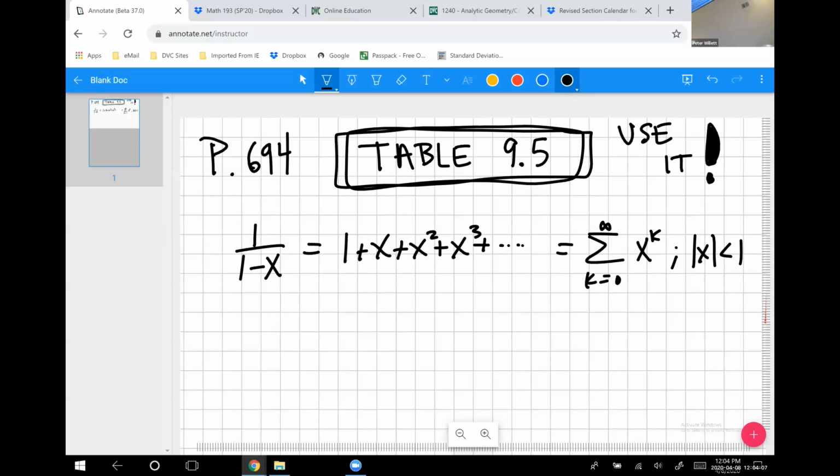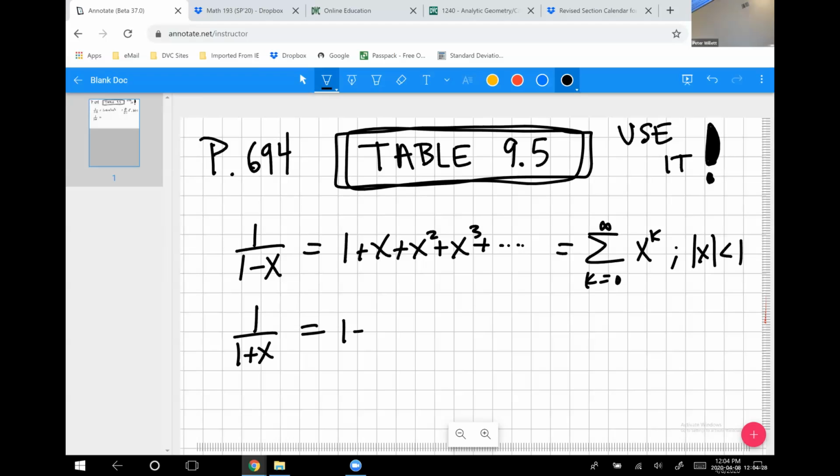Well, imagine that in every one of these x's, I could plug in the opposite of x, a negative x. If I replace x with the opposite of x, I get 1 over 1 plus x. And if I put in a minus x here, all the odd power terms would become negative.